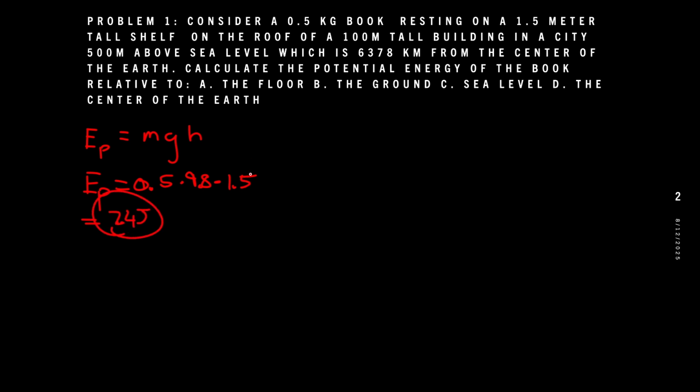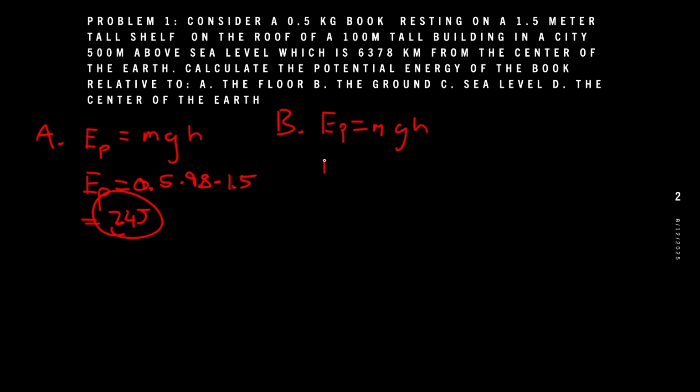Part B. So find the potential energy relative to the ground. Same formula, EP equals mgh. We're calculating the potential energy relative to the ground, so the only variable that will change is the height, which would be 1.5 meters plus 100 meters, because that's the distance between the book and the ground.